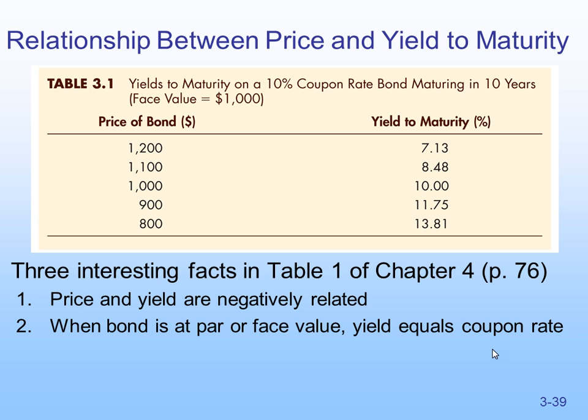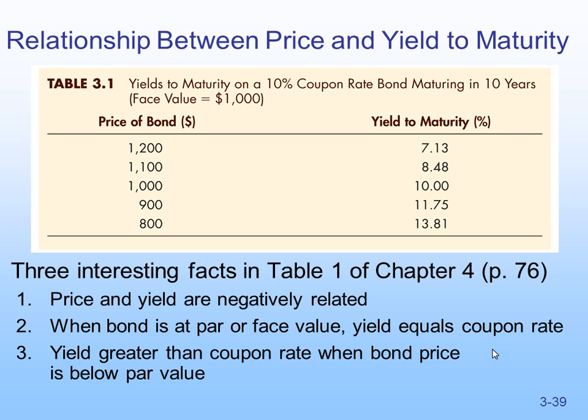All right, and then if the price of the bond is lower than par, if it's below par, what happens to the yield? Well, it goes up, right? So it's higher than the coupon rate. Okay, these are three general things that you can tell from this one.